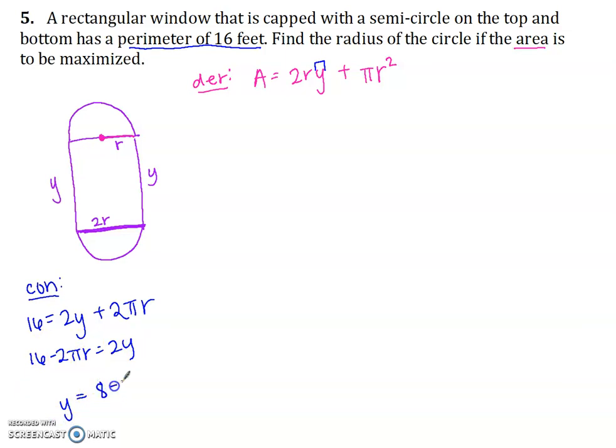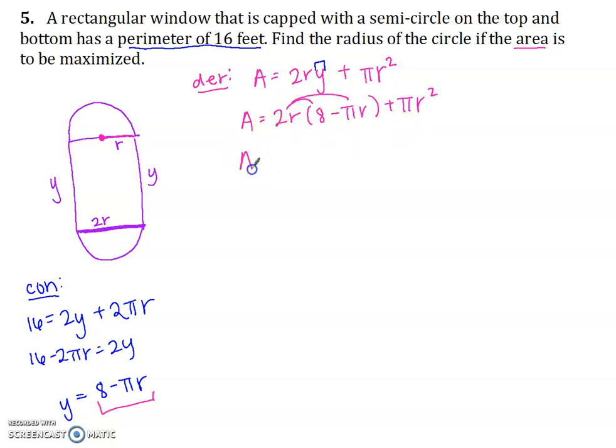So that'll be 8 minus pi r. Then I'm going to take this equation and plug it in for y right there. So that's going to be 2r times 8 minus pi r plus pi r squared.